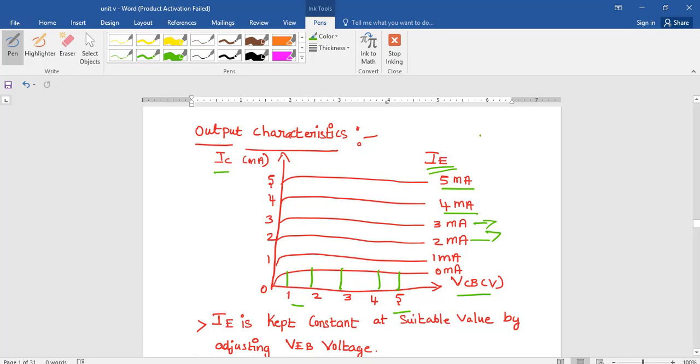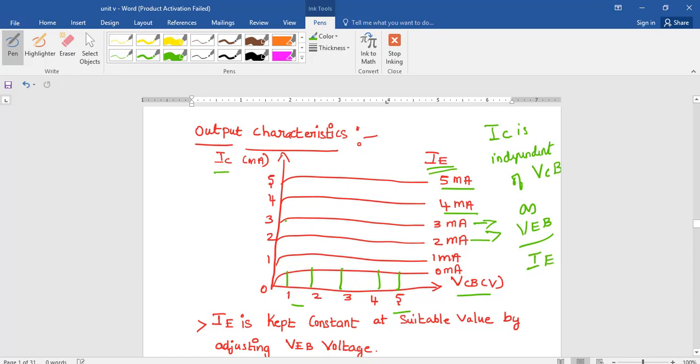That is, IC is independent of VCB, as VEB is forward bias.